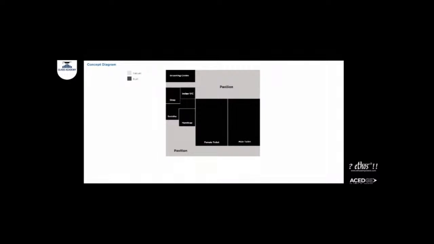So the black is the built, and the gray is the unbuilt. The pavilion on the top is exclusively for the truck drivers, and the one below is for the common public. So the handicap and the female toilet share a common veranda, so that becomes a more secure space in the front. The male toilet is accessed by a corridor at the back.